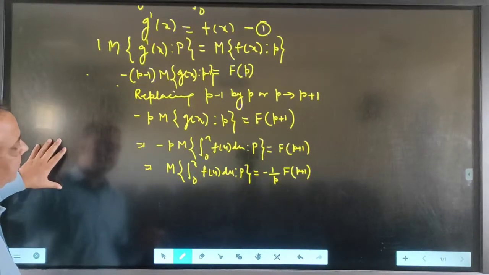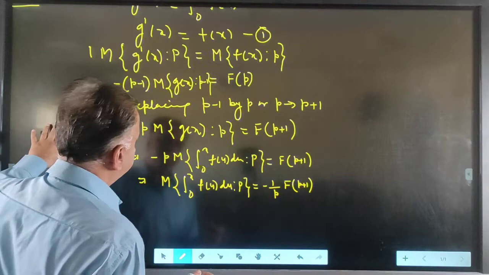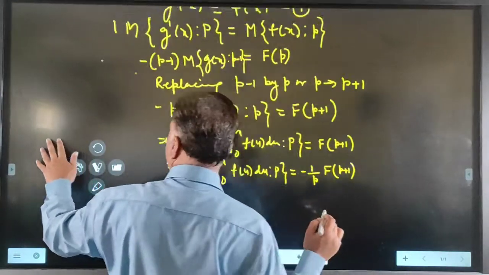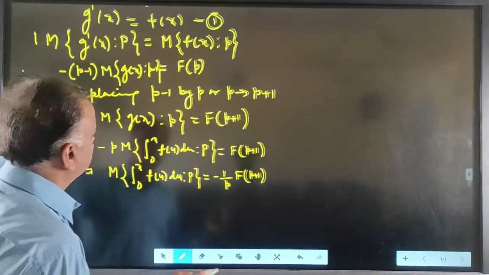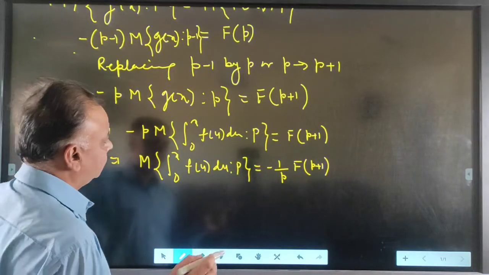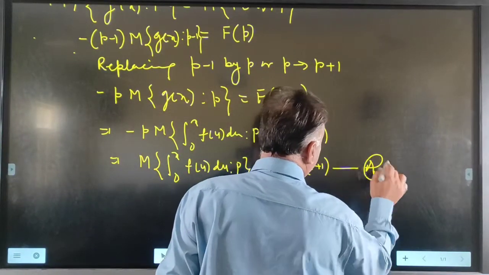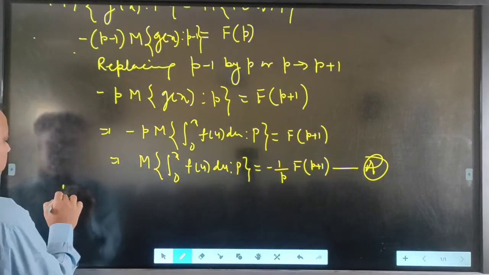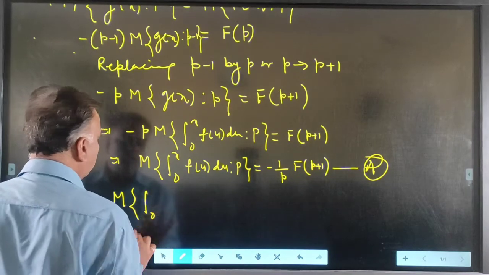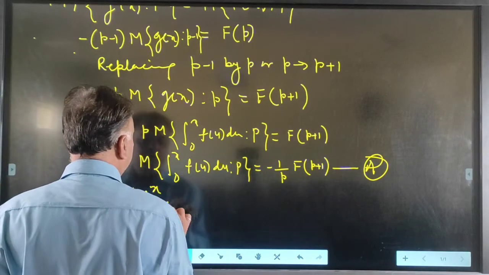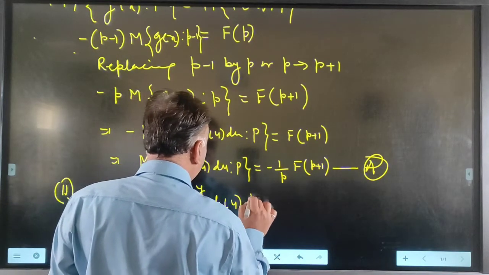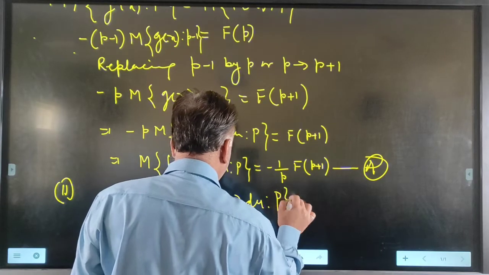Now for the second result, we have to find the Mellin transform of the integral from 0 to x dy of the integral from 0 to y of f(u) du with respect to parameter p.